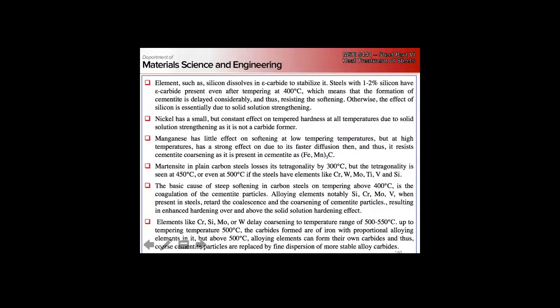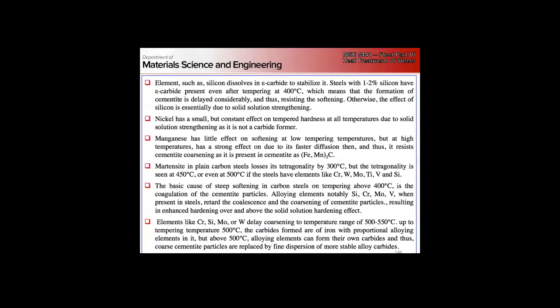Silicon stabilizes the epsilon carbide. Nickel gives us nice solid solution strengthening, but it's not a carbide former, right? Manganese resists coarsening, so that's good to have in there because that allows us to keep a fine dispersion at higher temperatures, right?